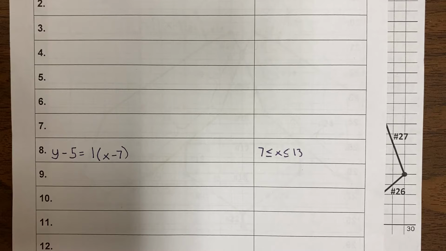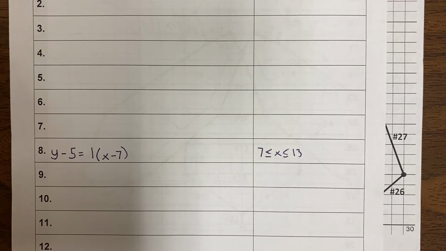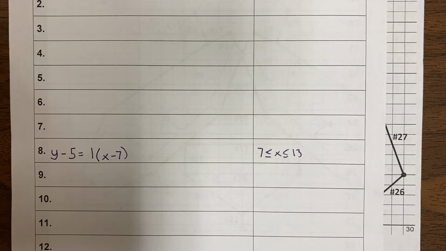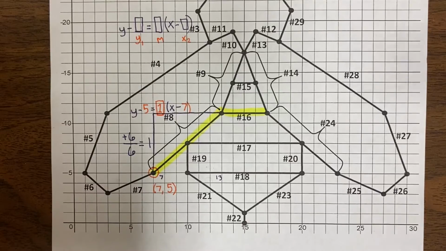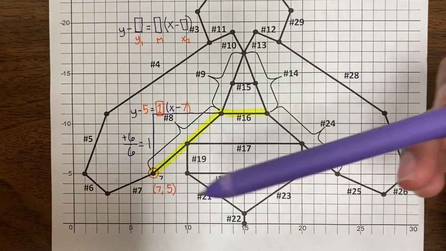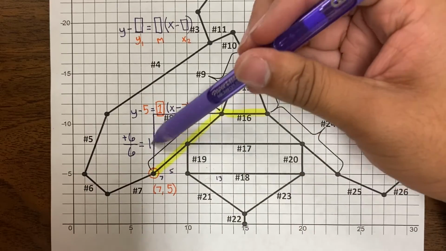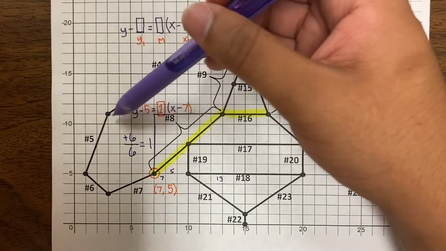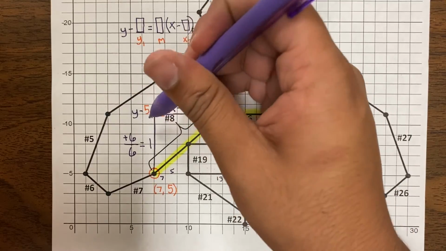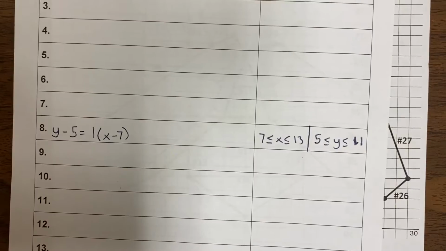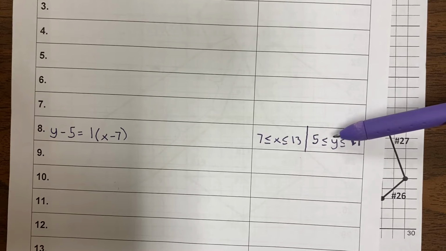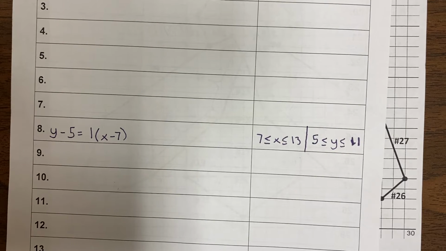So my domain is 7 is less than or equal to x, which is less than or equal to 13. And my range is going to be how low does the graph go, which is at 5, to how high does the graph go, which is at 11. So my range is 5 is less than or equal to y, which is less than or equal to 11.